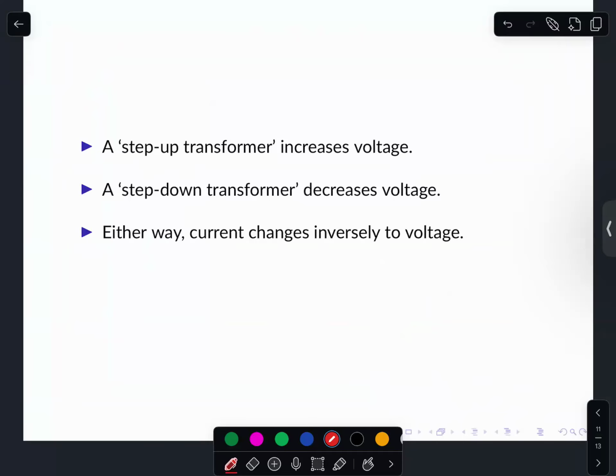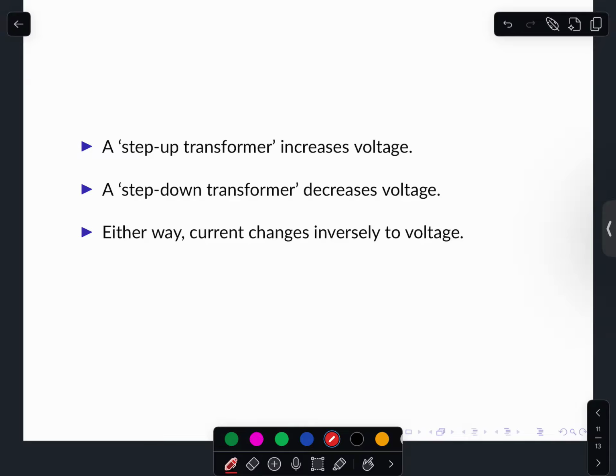Terminology. Step up means voltage goes up. Step down means voltage goes down. If I refer to a step-up transformer with a 1:10 turns ratio, I'm talking about the voltage increases by a factor of 10. If I talk about a step-down transformer with a 10:1 turns ratio, I'm saying it steps down by a factor, it divides by 10.